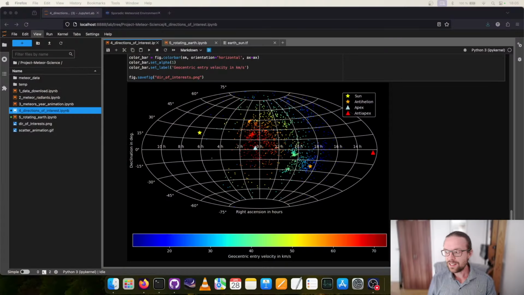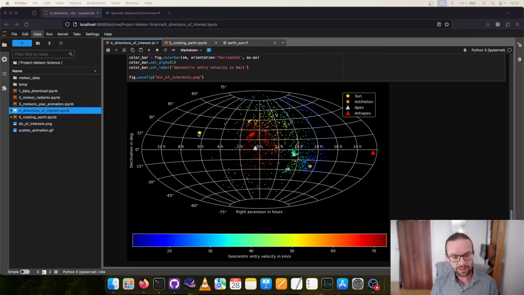Last time we were taking a look at the meteors that were observed by a camera network system, and we plotted the radiance, so the apparent direction of the meteors on our sky map for a particular date. We also plotted 4 regions of interest.